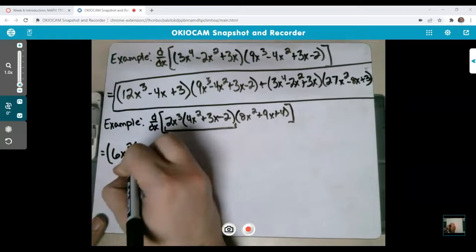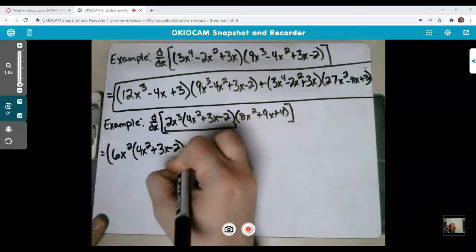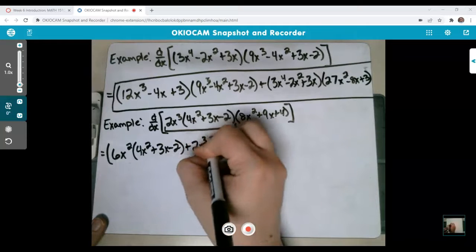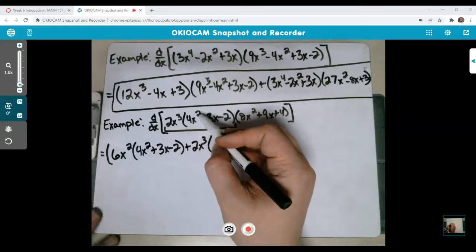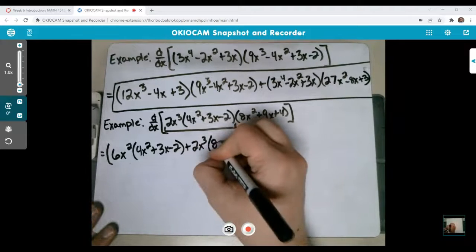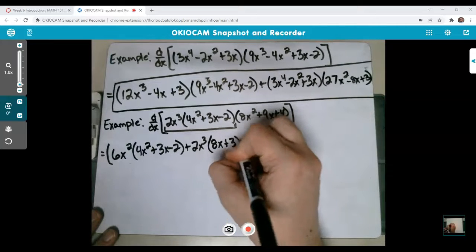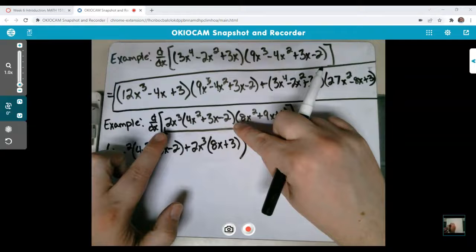Leave that part, plus, leave the first part, 2x cubed, times the derivative of this part. Derivative of 4x squared, I bring my 2 down. 2 times 4 is 8, so 8x. Derivative of 3x is 3. So there we go. That is the derivative of all of this stuff.